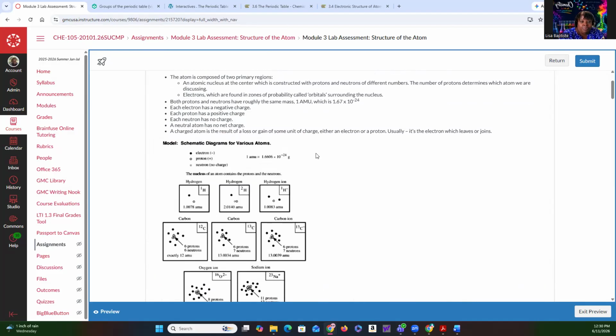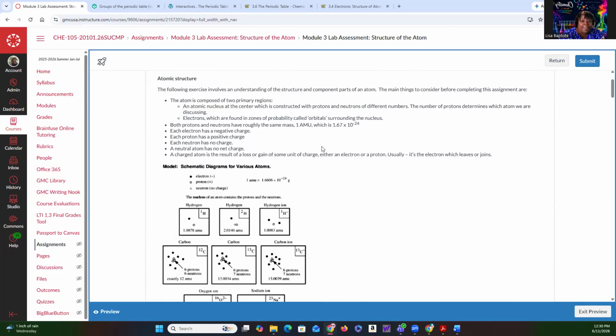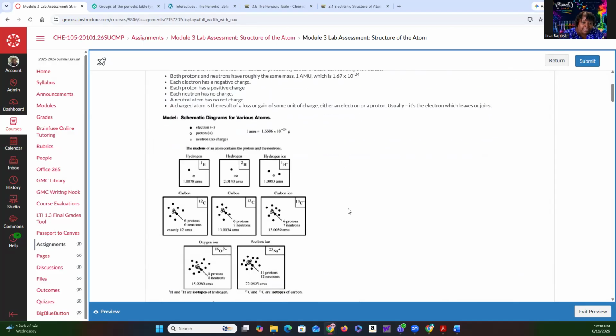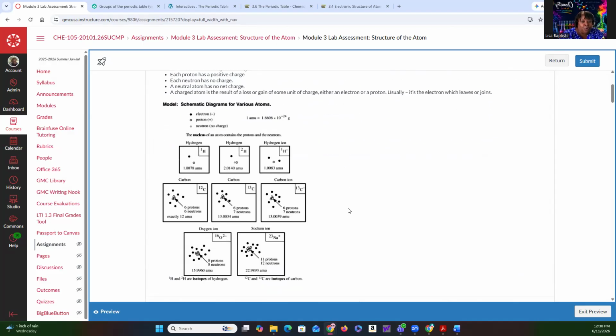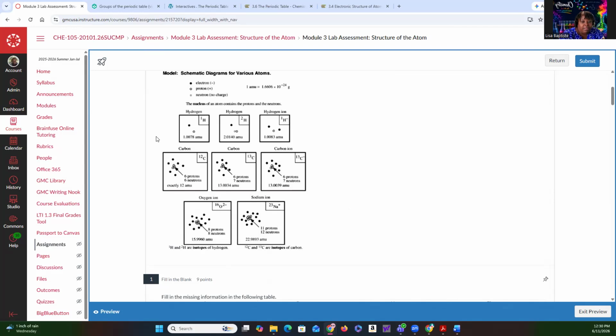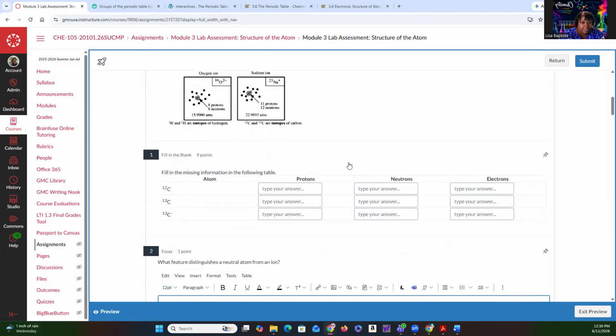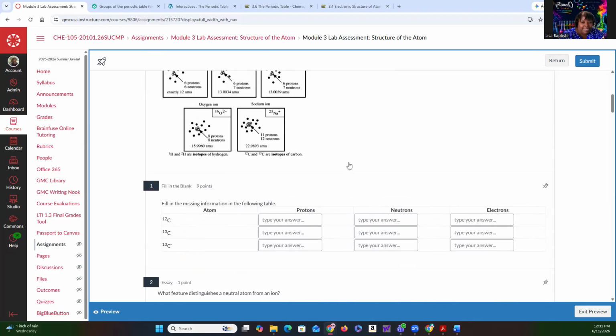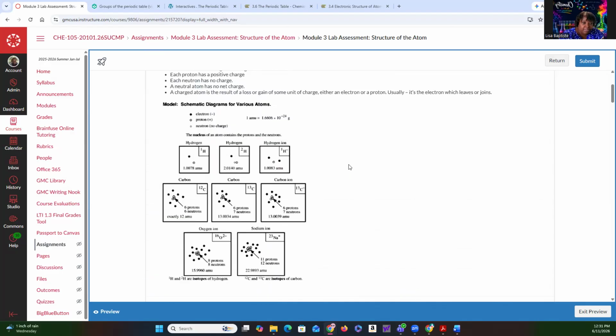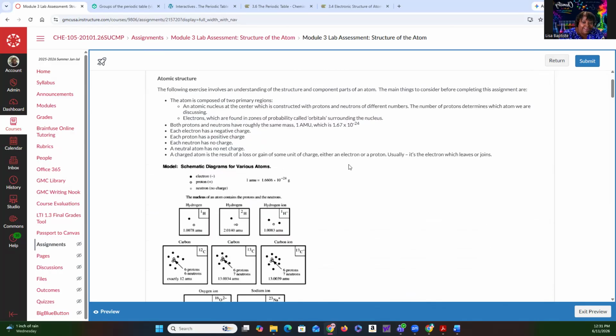And AMU stands for atomic mass units. All right. And that's just a unit of measurement for our element. And so if we look at this, okay, we are looking at isotopes in this first section. And isotopes are forms of an element, okay?